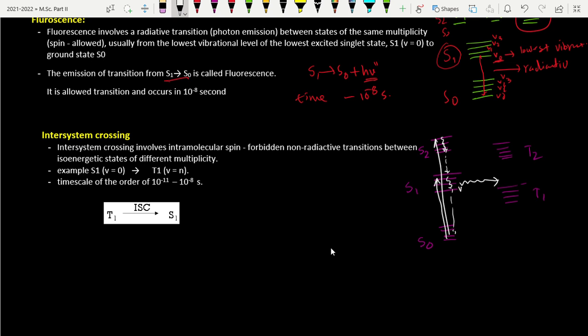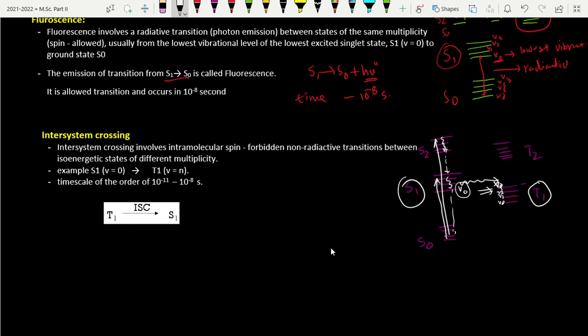Because the lowest vibrational energy level of S1 has equal energy to a vibrational level of T1. So this is V0, V1, V2, V3. These two energy levels have equal energy. Therefore, intersystem crossing of the electron is possible.